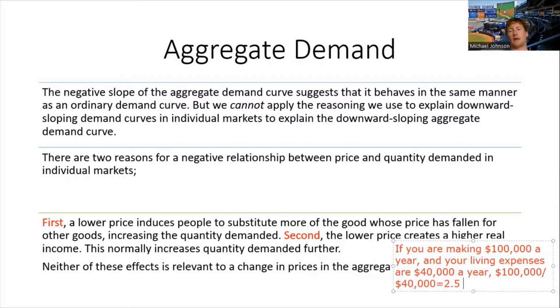So you can purchase 2.5 times your living expenses with your income.